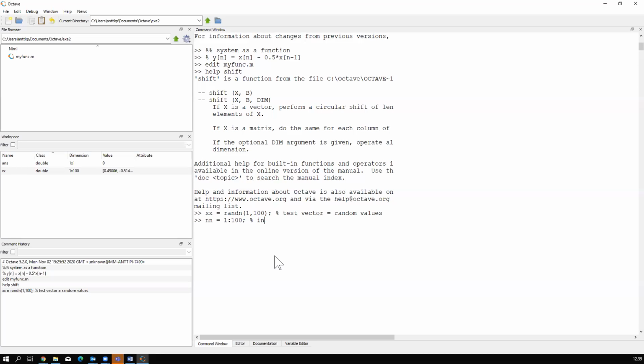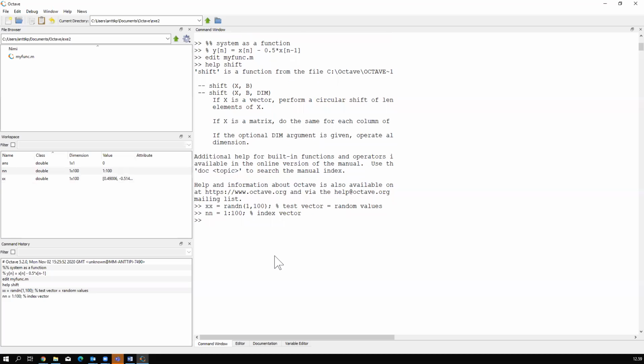Let's do the index vector, and then we can stem n, xx.